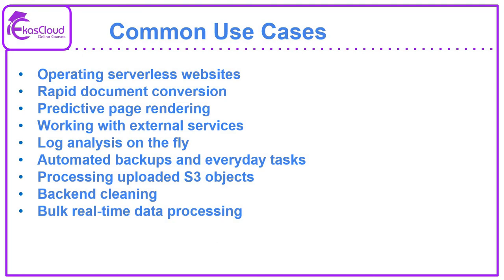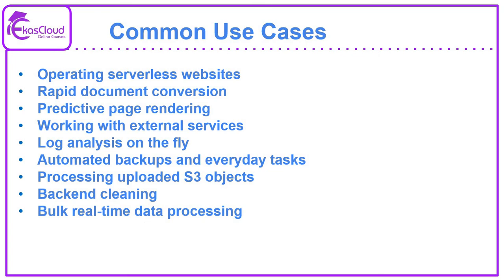If you require your backups to be done automatically, or when a particular task is performed at any time of the day, then using Lambda will be very useful. And one of the very common use cases is the processing of uploaded S3 objects. We'll be talking about that.